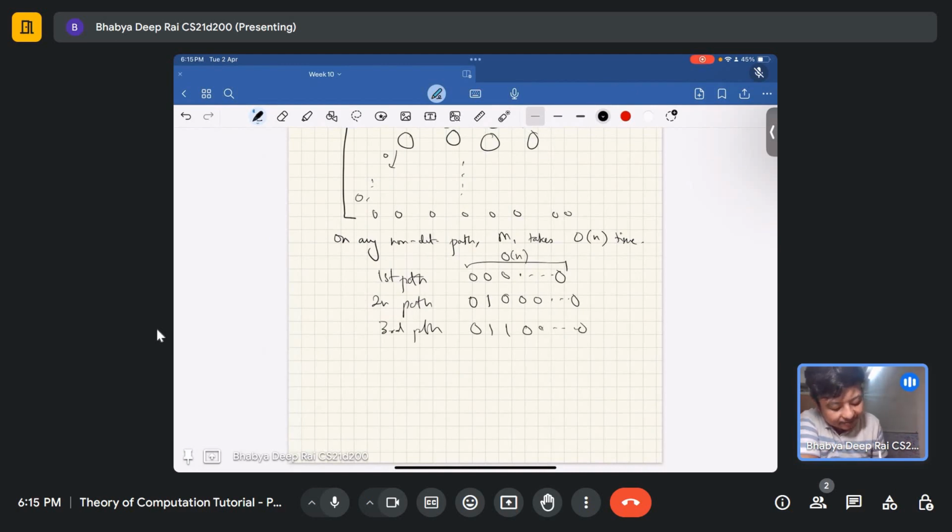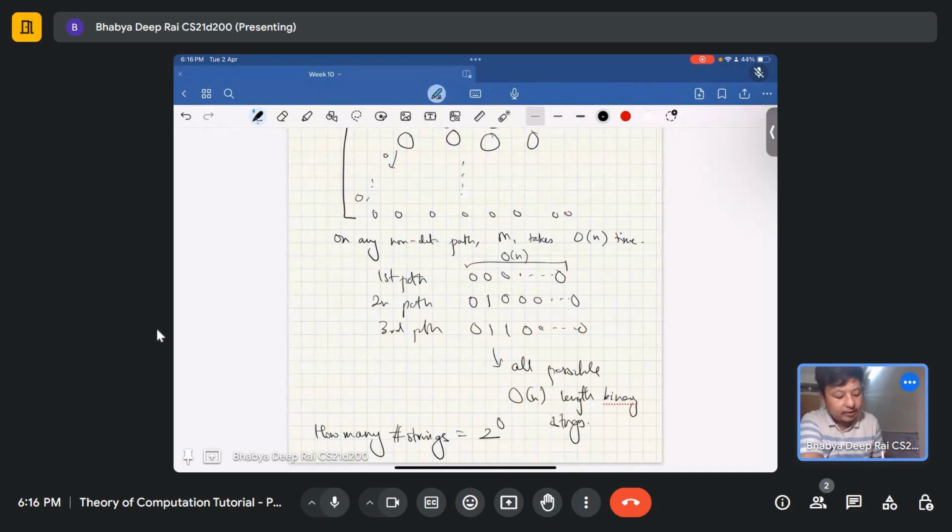In other words, it's all possible order n length binary strings. Now, what does this mean? How many such strings are there? 2 to the order n, by a simple combinatorial argument.